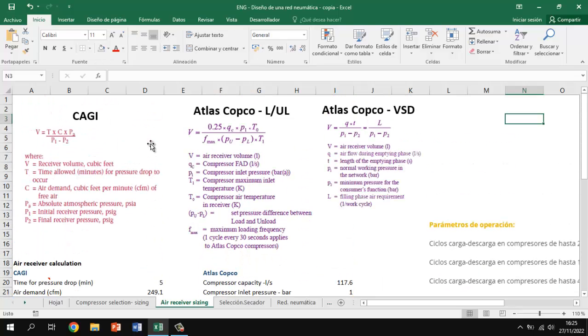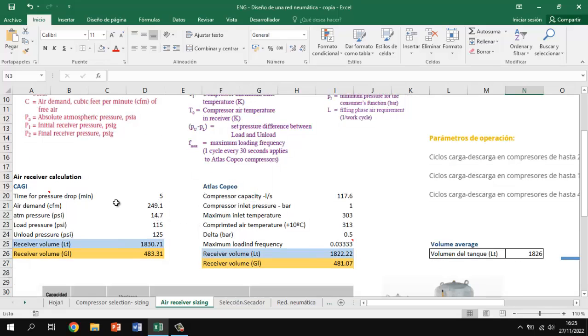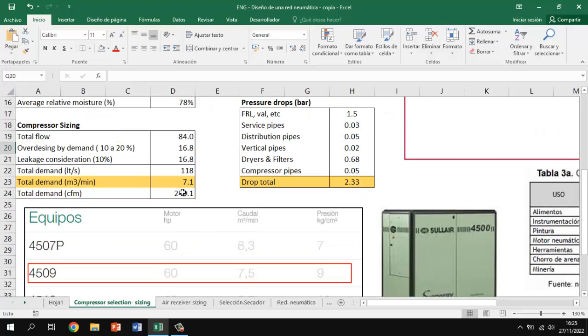So let's start with GAGI. We have the time for pressure drop. I'm gonna explain this at the end. First we have our air demand, in this case in cubic feet per minute. This is data that we have from our compressor selection.